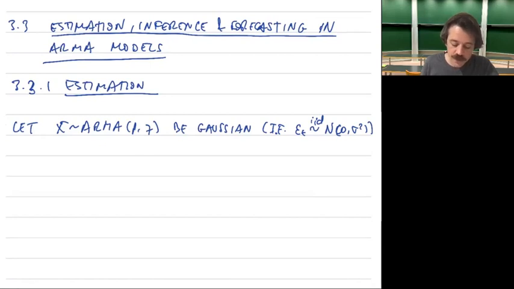And why are we doing this? Why are we assuming that this is Gaussian and not just falling into the previous more general framework? Well, I sort of mentioned it in the practical, and it's that if we wish to have likelihood-based procedures, then we need to make assumptions on the distribution, and we can assume that this is Gaussian. That's the absolute baseline. And then you could wonder, well, why would we do likelihood?